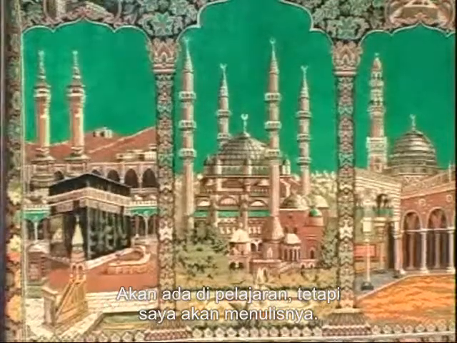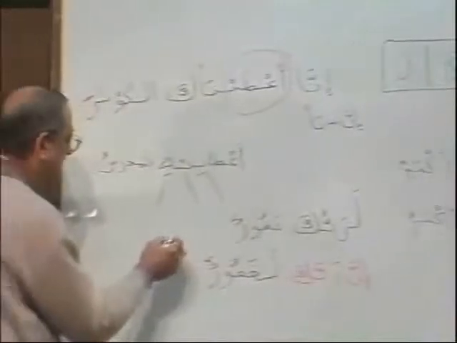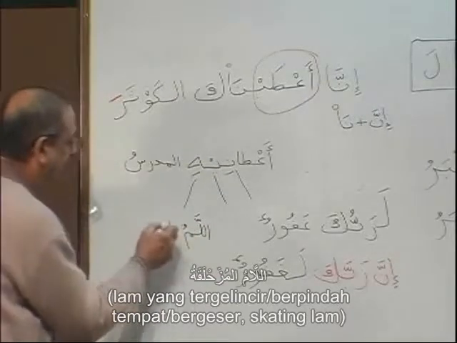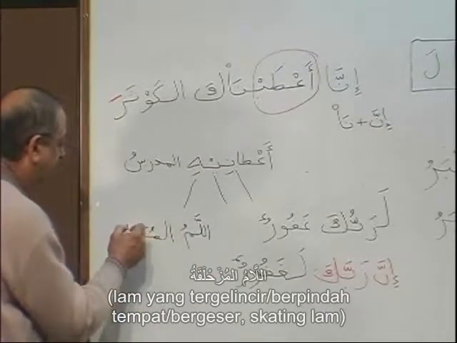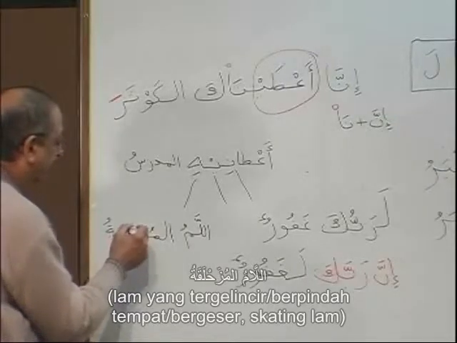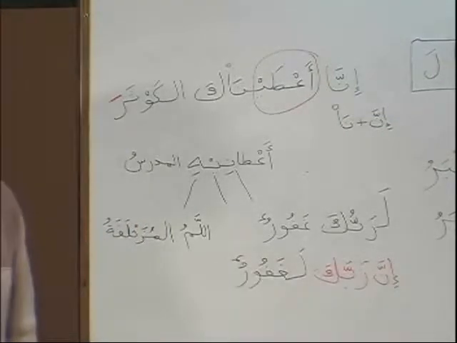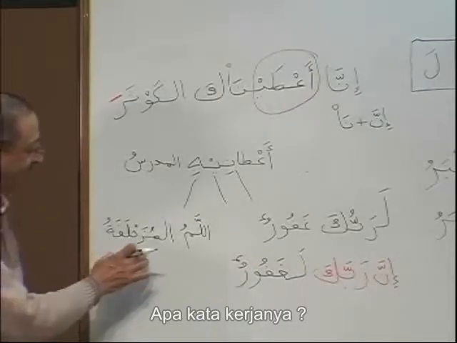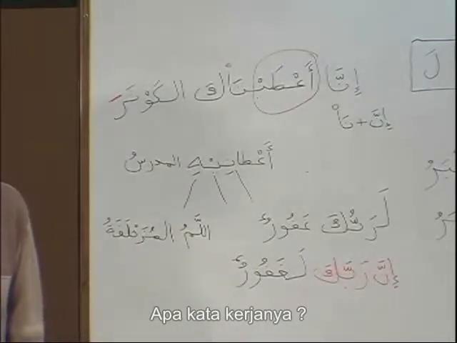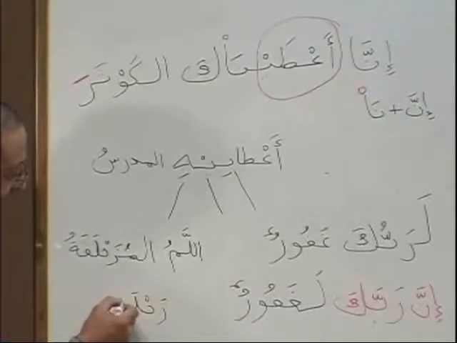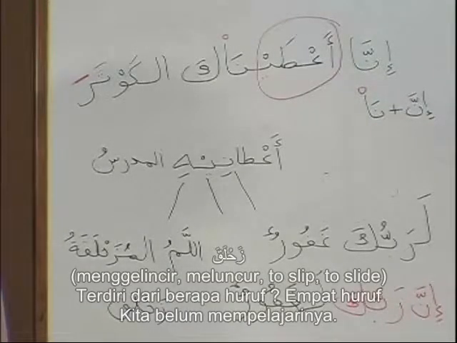I am writing it here, brother. Lam al-muzahlaqa. Now, brother and sister, this word zahlaqa. What is the verb? How many letters are there? We haven't studied this yet; we'll soon study. Four letters. Are you with me, Sister Hafsa?